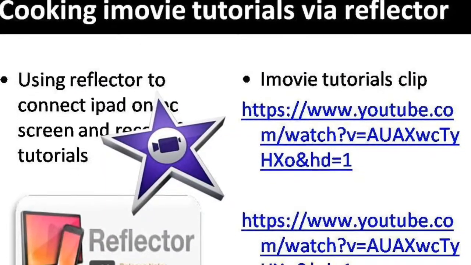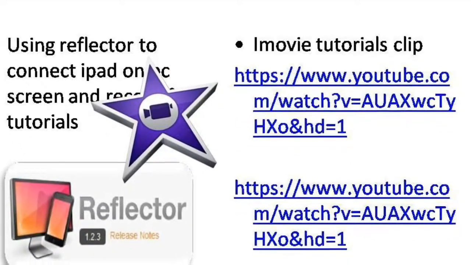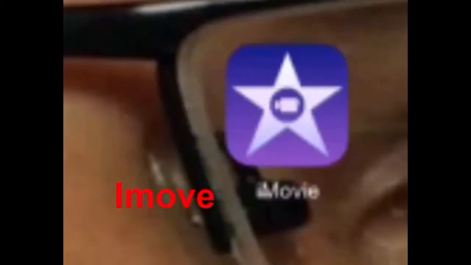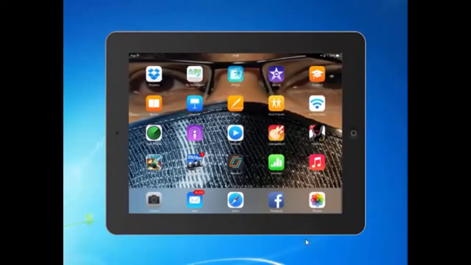Here we have an example done by us through iMovie tutorials. Okay, let's start. We have also Keynote, another app. It's also not free. Here we go. First, we have to choose the icon.